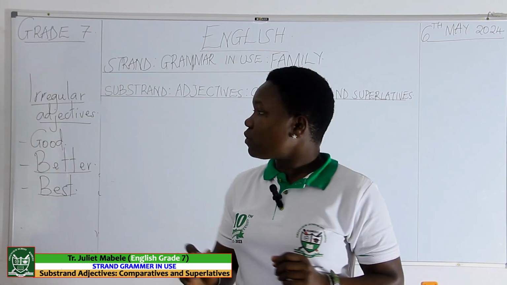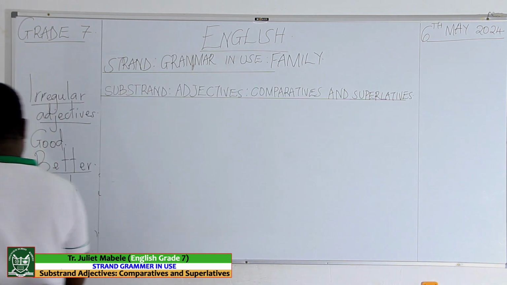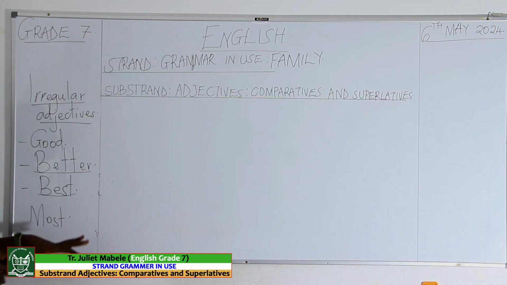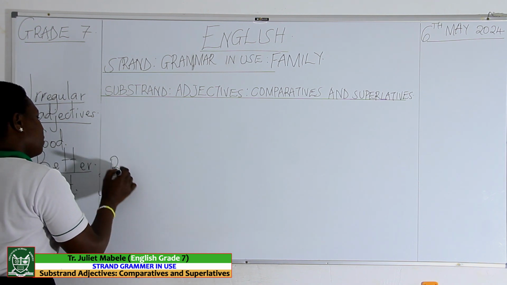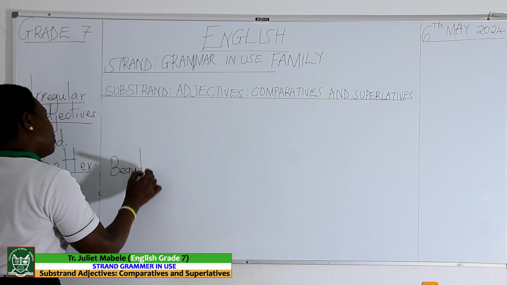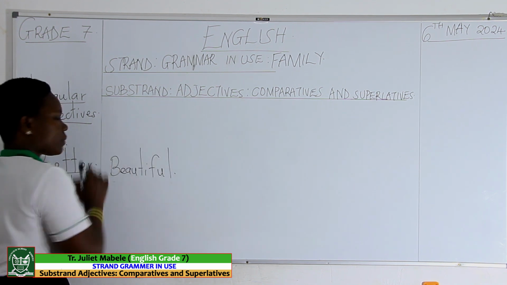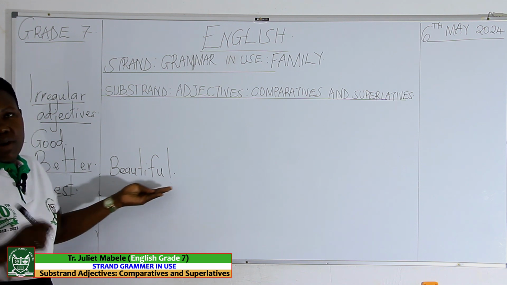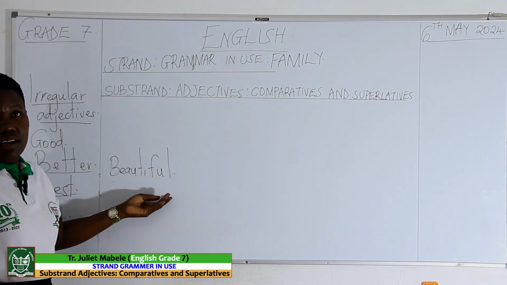We say that we can also add the word most. Let me give an example, the adjective beautiful. We cannot say that she is beautifuler. That is not grammatically correct.